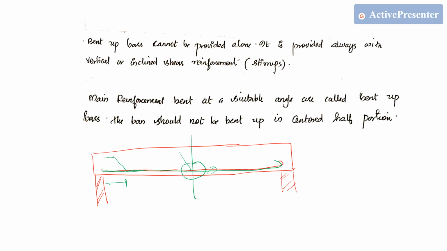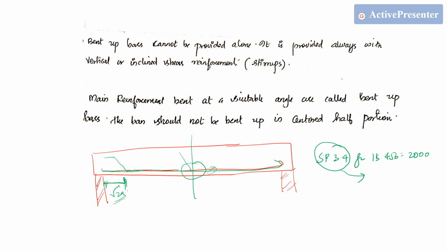And the first distance is root 2a. I will tell you what this root 2a is when we are discussing the numerical. This is provided in SP34, that is Special Publication 34 for your IS 456 2000, where the detailing of the structure is given.